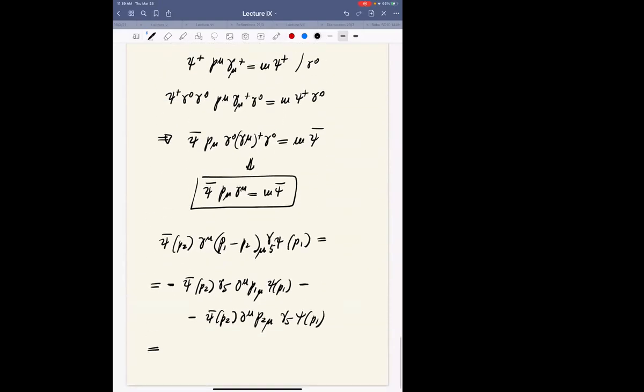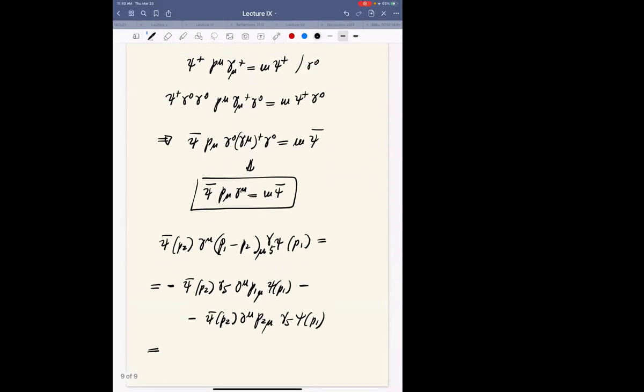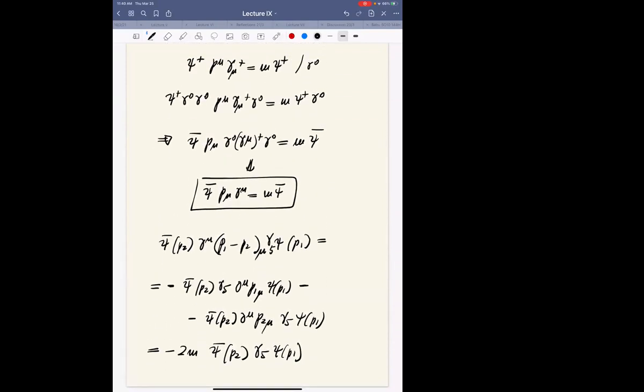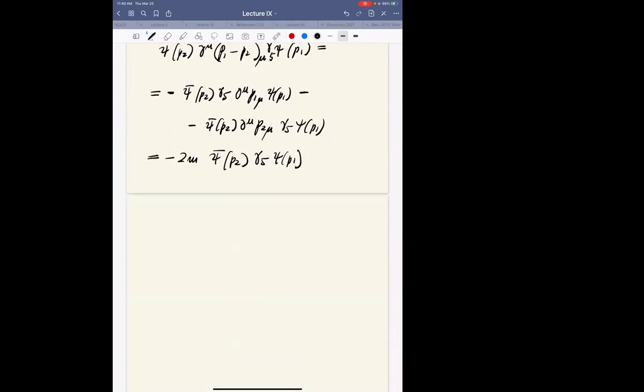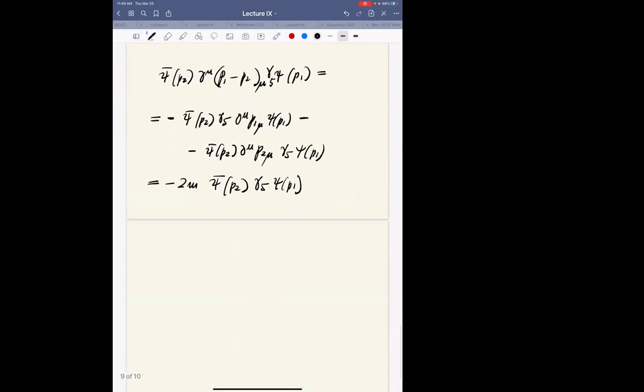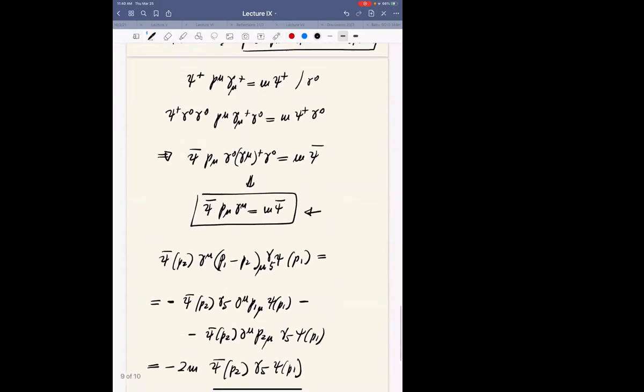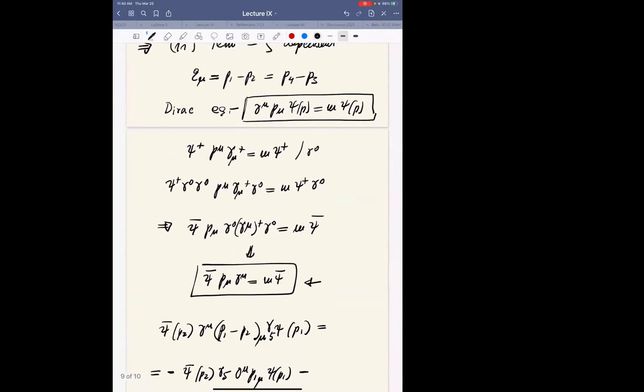Both times I get the mass term. So I get minus 2m psi bar P2 gamma 5 psi of P1. Here I just used the Dirac equation, these two equations.